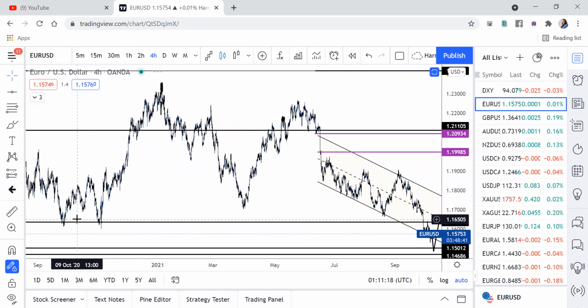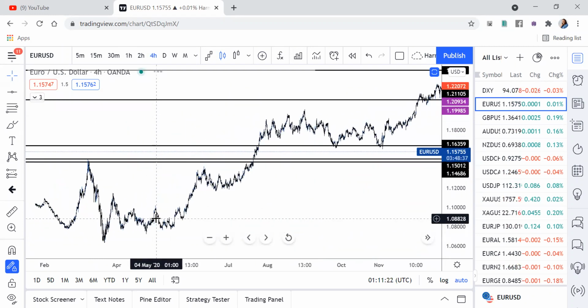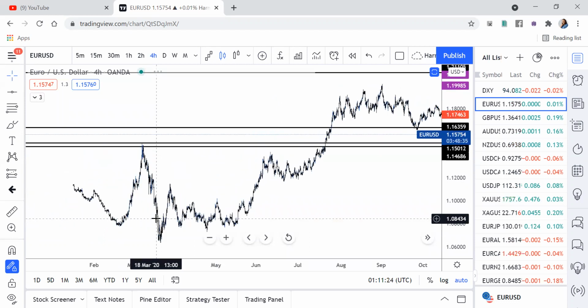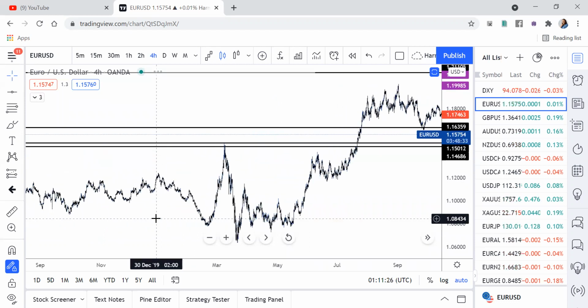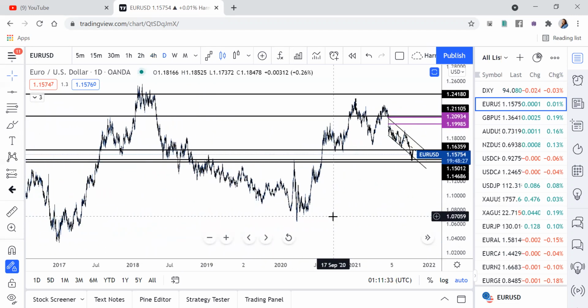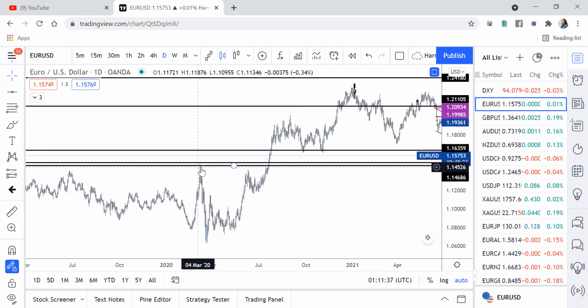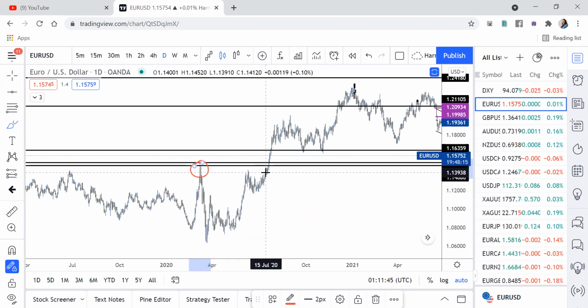So everybody could see this is structure, and structure was broken, right? Everybody could also see previous structure. Let me just go there. All right. So this was previous structure here. Everybody could see it, previous structure, and we had a break to the upside.